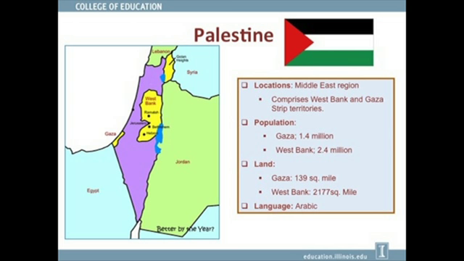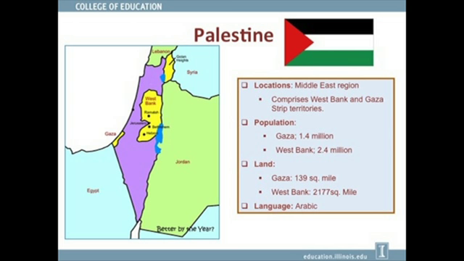So let's first talk about Palestine in general and its demography, where it's located, and all of that. This is the Palestinian flag, and this is the Palestinian map. After the Israeli occupation that happened in 1948, Palestine was separated into two different regions, Gaza, which you will see here, and the West Bank, which is here.